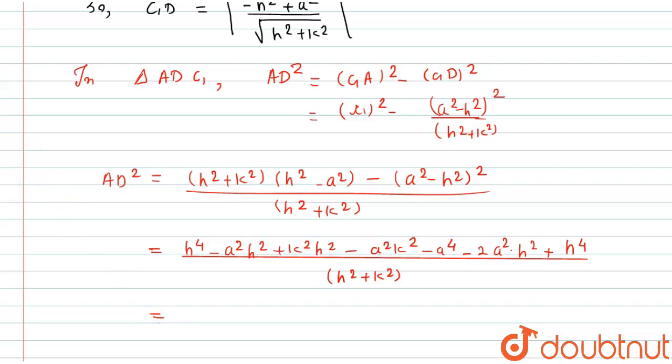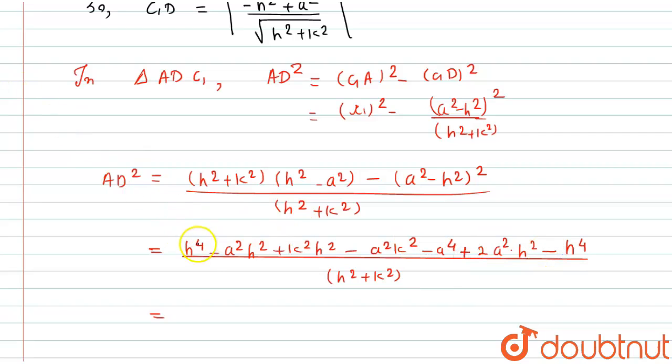So now let us see which terms are going to be cancelled out. H raised to 4 and minus h raised to 4 cancel. We have directly opened this bracket by the minus sign, so this becomes minus a raised to 4, and the minus gets plus, and it will be minus here.